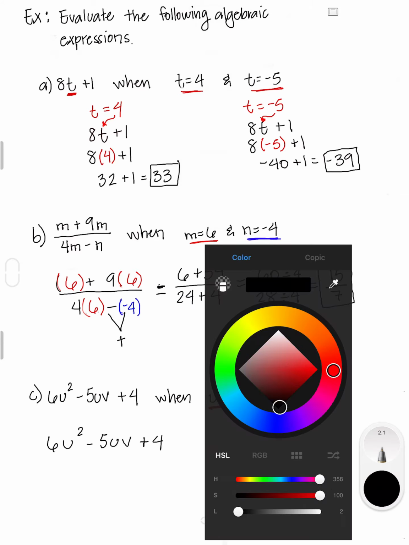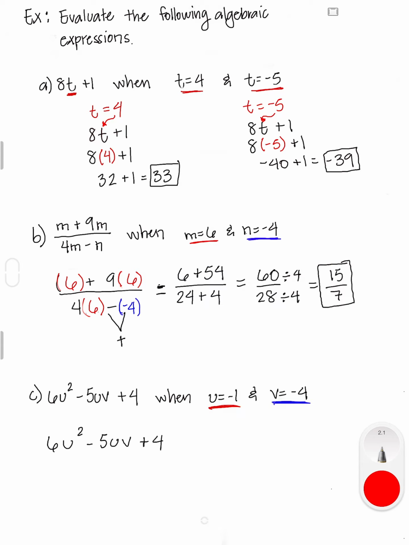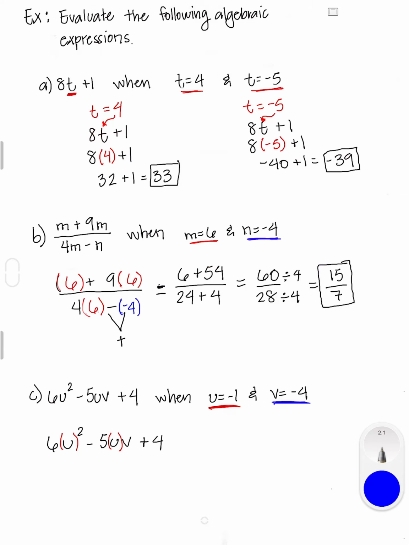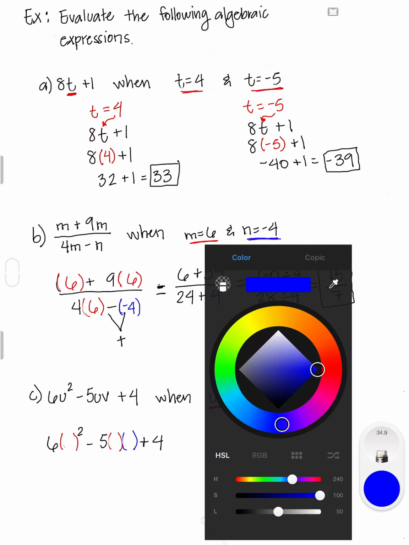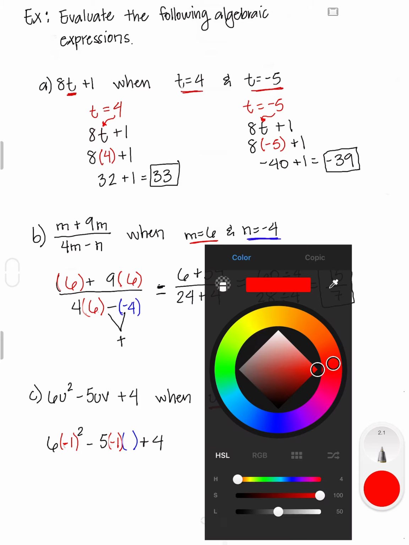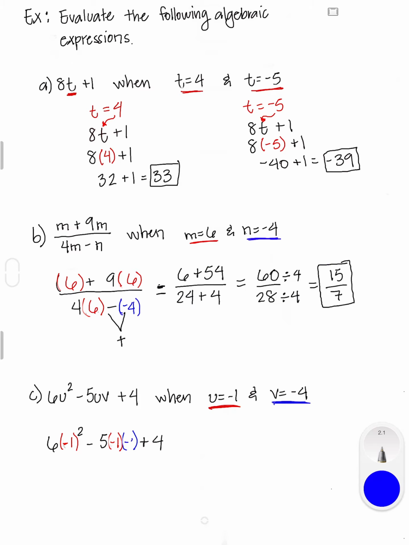Now I know that I'm going to be plugging in -1 here and here, and then I will be plugging in -4 for v, which is here. So I'm going to get rid of the variables and replace them with the actual values that are given to us. So for u, we have -1, so this is -1, -1, and then for v, we have -4.